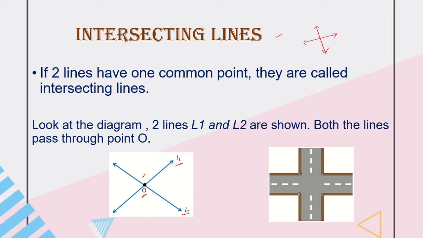As you can see in the figure of a crossroad, both the roads are cutting each other at this point. So this is again an example of intersecting lines.